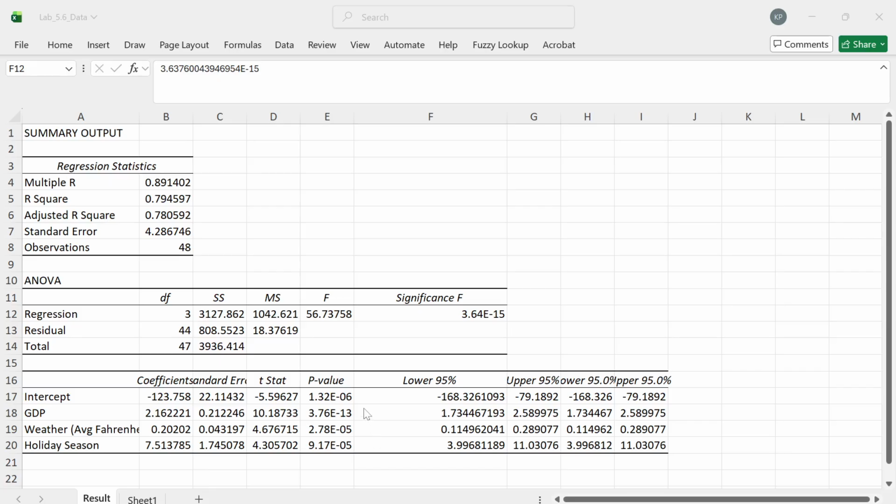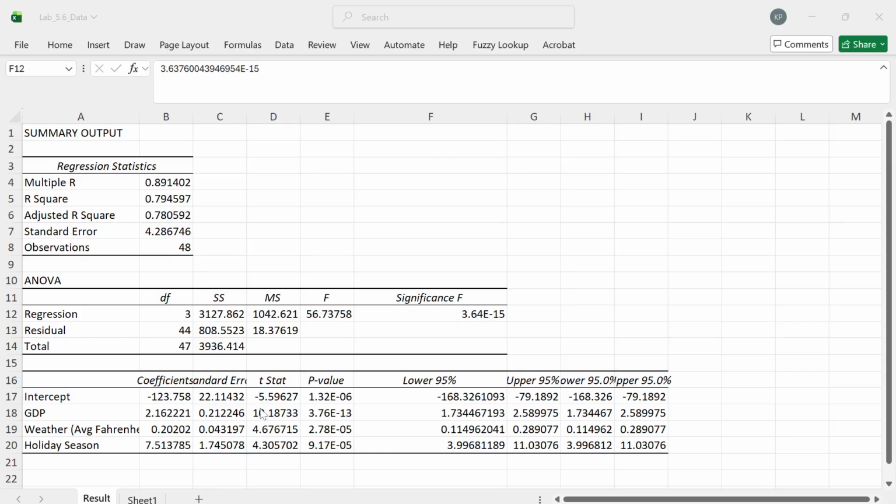It means that these are good variables. GDP, gross domestic product, weather and holiday season help to predict product demand and are good variables.